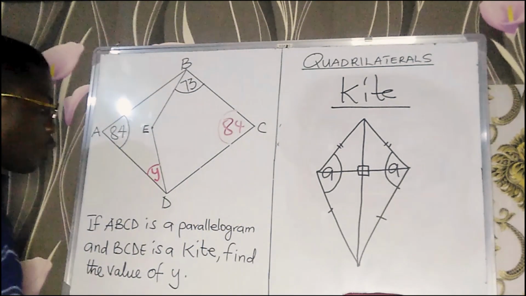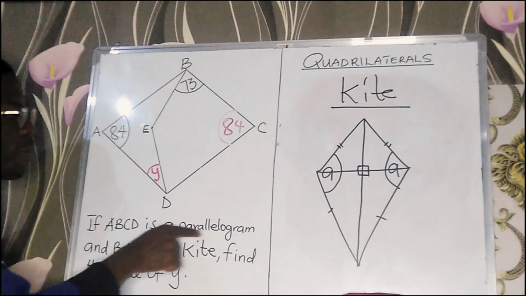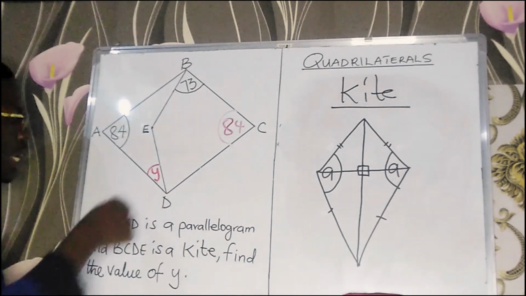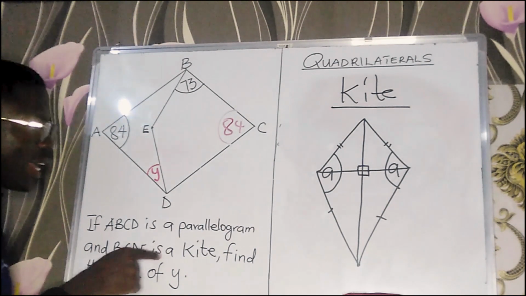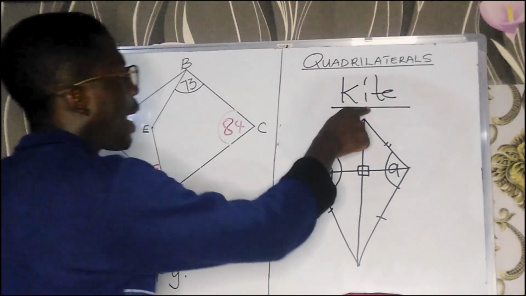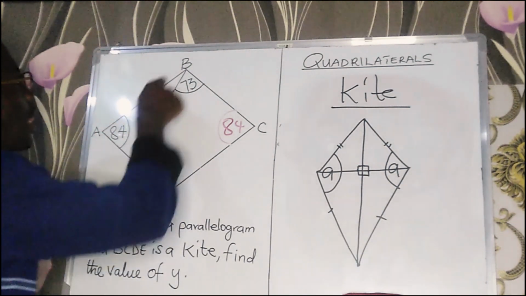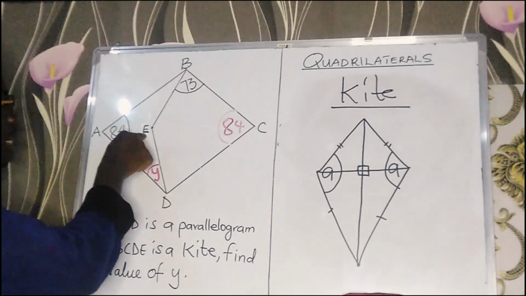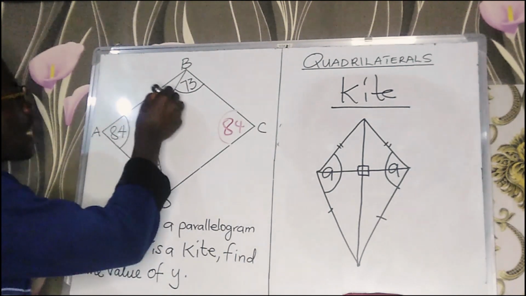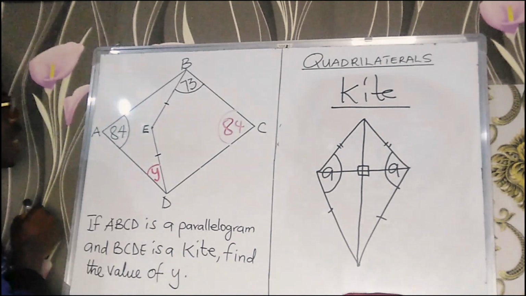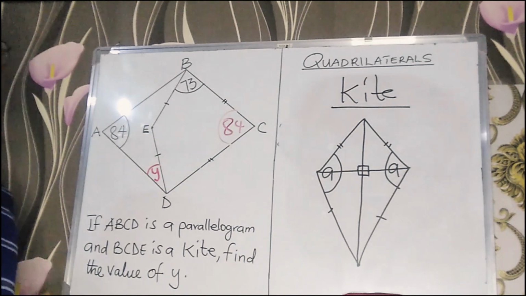Now on the above two, we are saying if ABCD is a parallelogram, which is the outer one, and BCDE is a kite on the board, then we should find the value of y. Now, this BCDE is the kite we are talking about. So we are saying that this line here is equal to this line, and this line is also equal to this line.